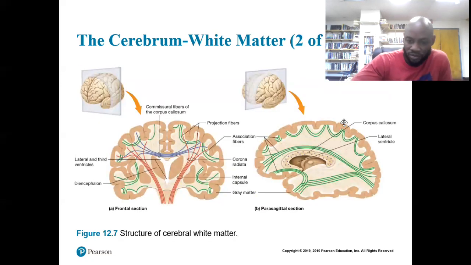So look at this. Your commissural fibers connect one side of your brain to the other side. Very important.